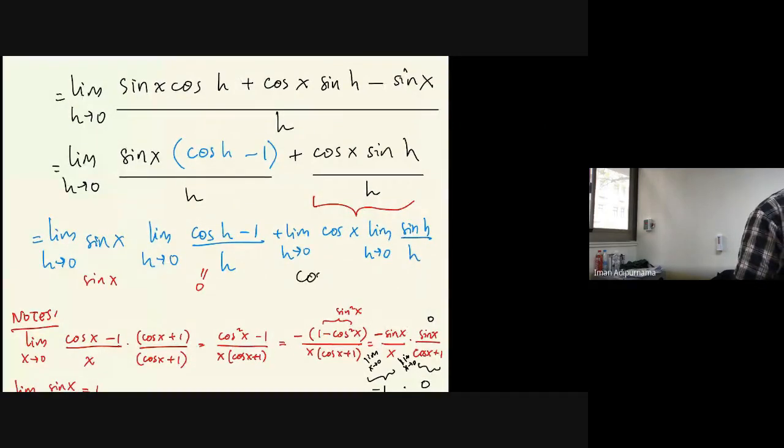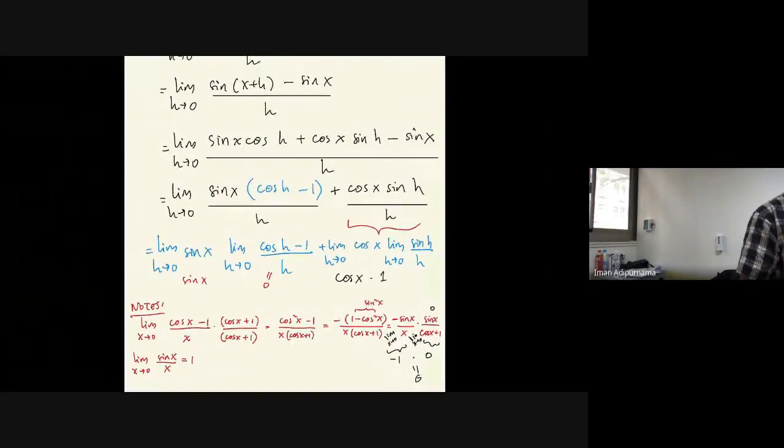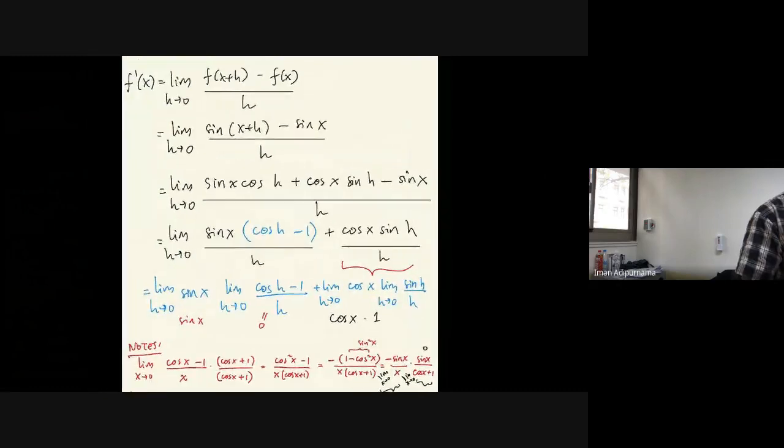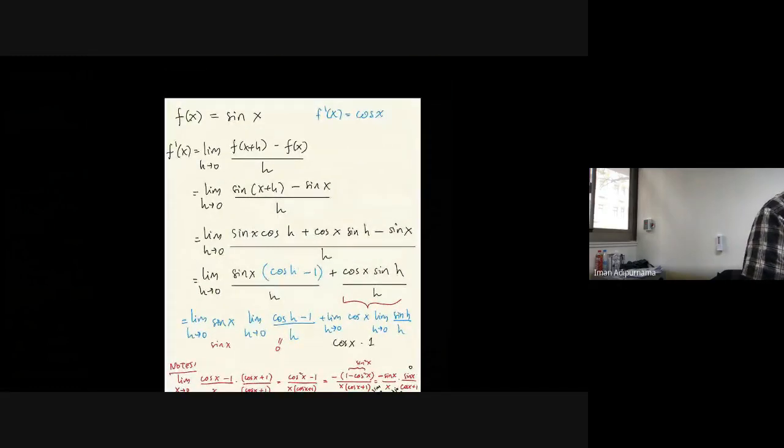This part is just cos x, because you cannot find any h in cos x. This part is 1, right? Sine h over h is 1. So that's why if you have the function sine x, your first derivative is cos x.